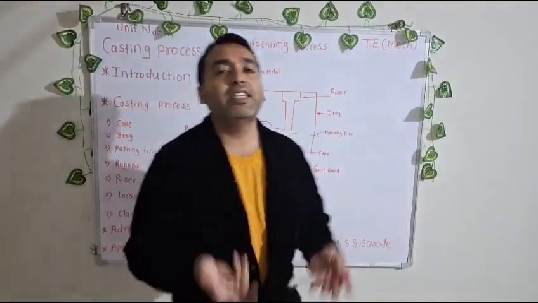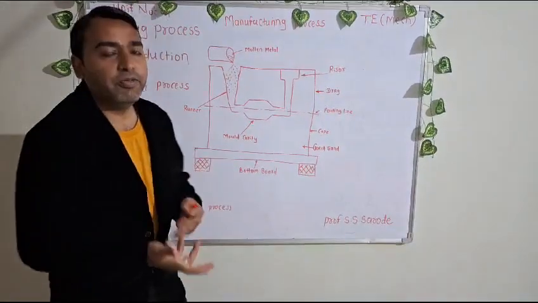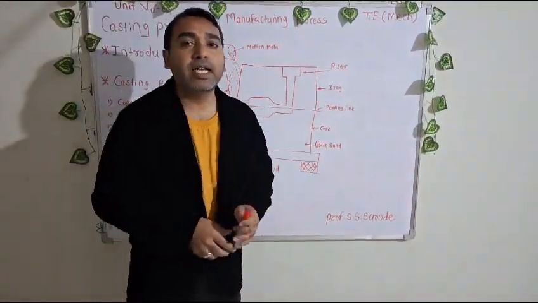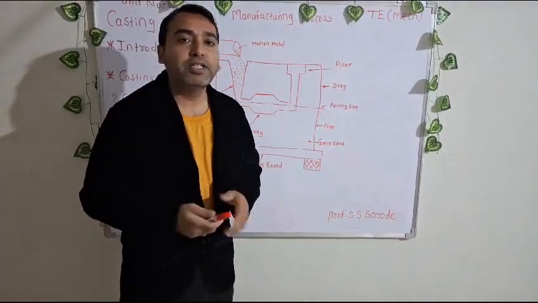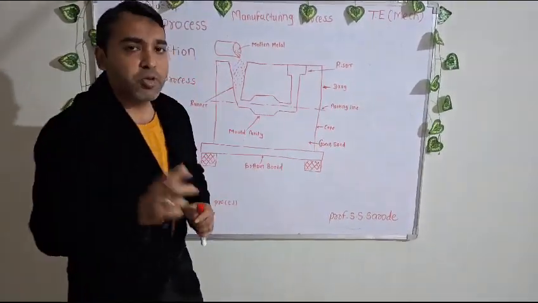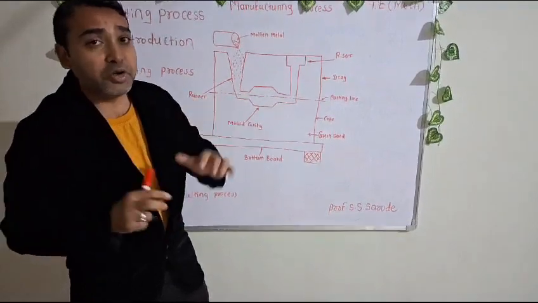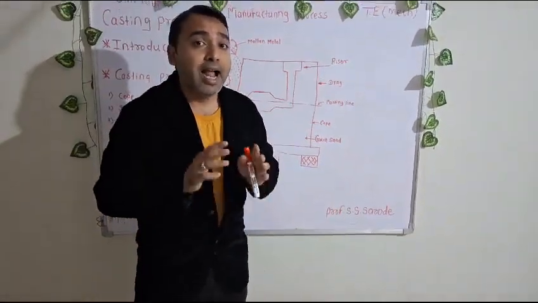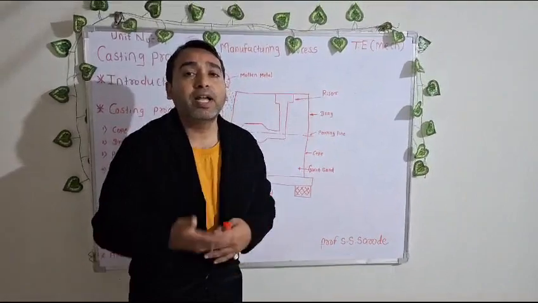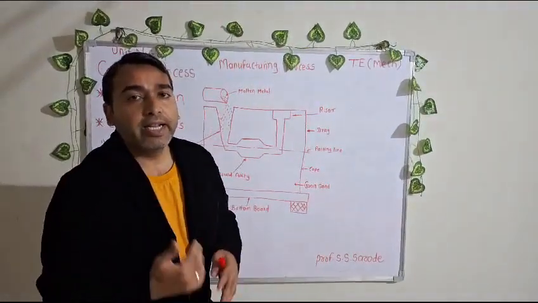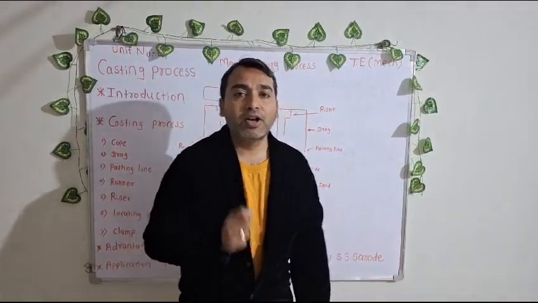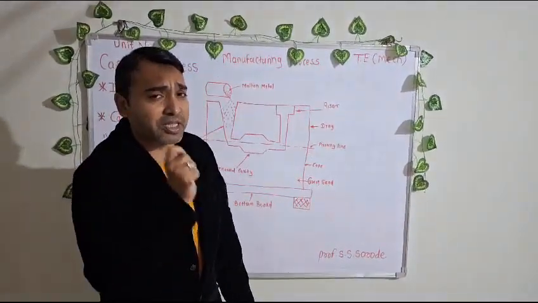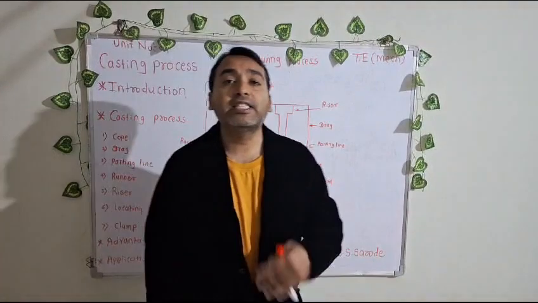Casting process is a process in which we manufacture a casting component. Molten metal is poured into the mold cavity, we wait for some time, and we get the product. That product is the casting part or casting component. That process is called the casting process.